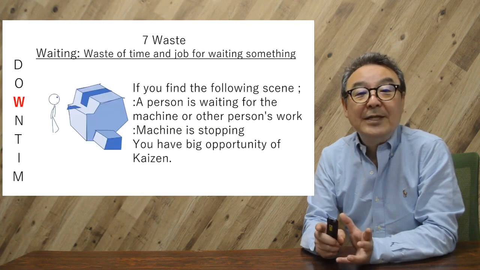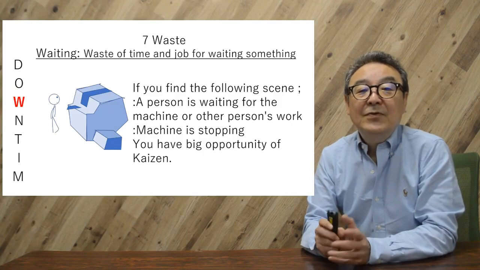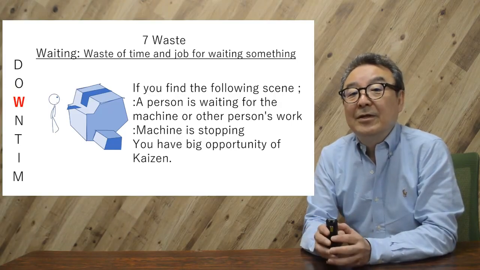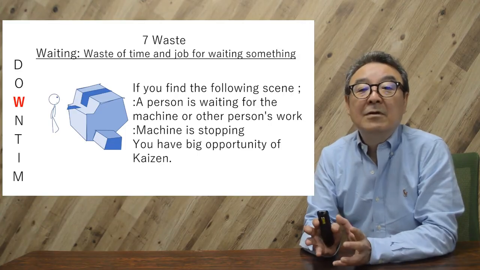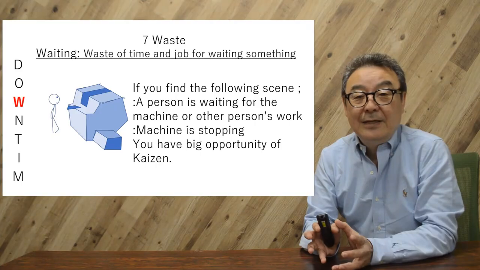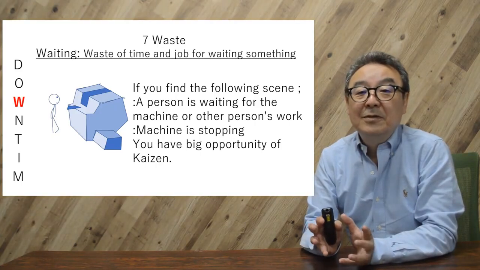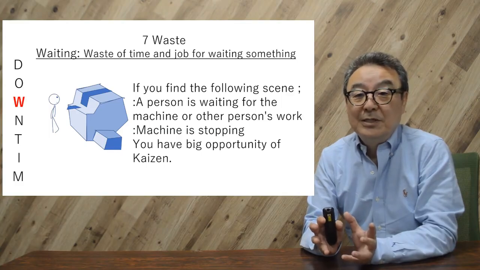Next, W, waiting. Waste of time and job for waiting something. If you want to find this waste, please look at your production line. Then if you find the following situations, you have a good opportunity.